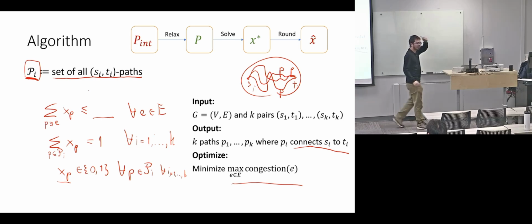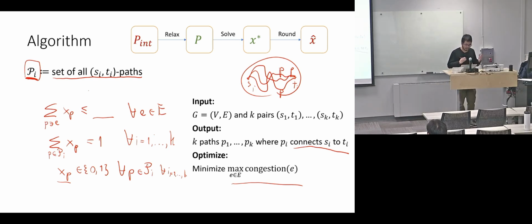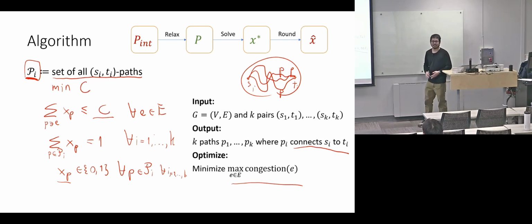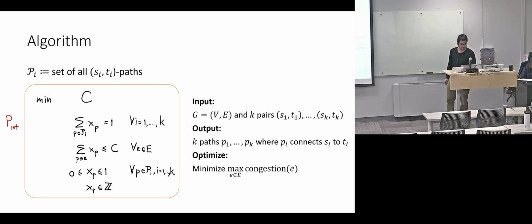Put a variable there, and then you're just minimizing that variable. Exactly, just that. That's it. Now you get an IP. Okay, good. So this is an IP, right?